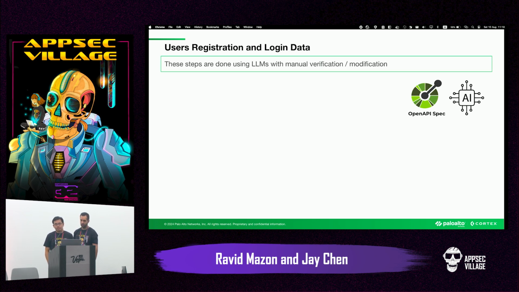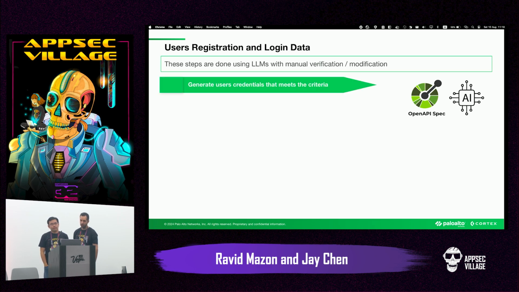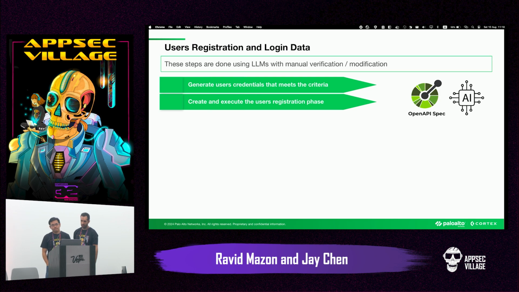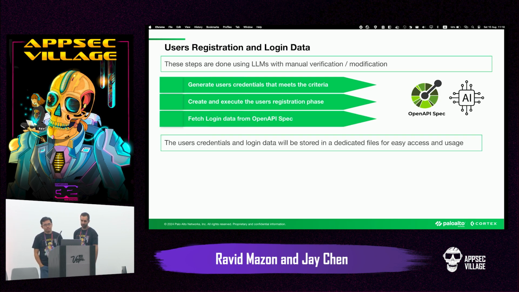So we use LLMs again to create the user registration process and to collect the login data of the application. Basically, the LLM generates user credentials that meet the criteria, for example, password complexity, etc. And we execute the user registration process and we fetch the login data from the spec.